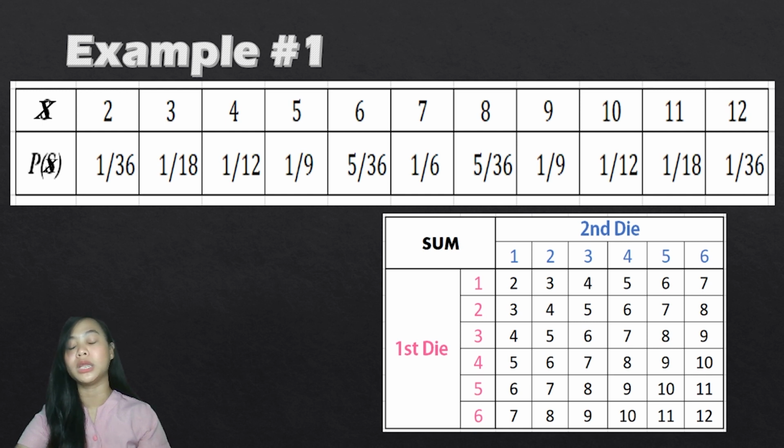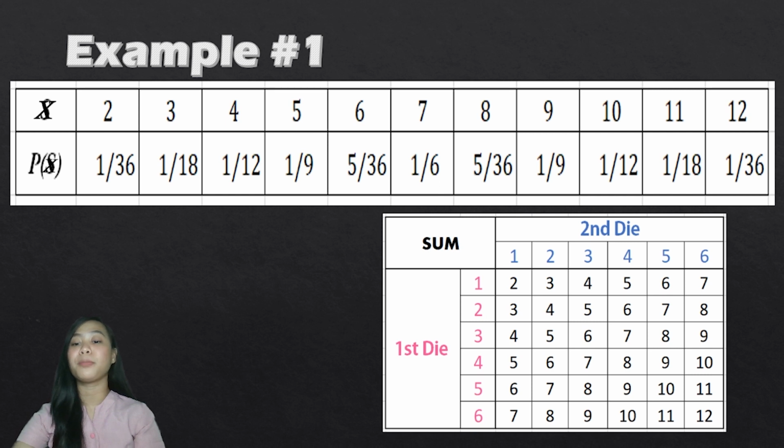That is 1, so 1 over 36. Again, we computed it earlier. Then for 3, we have 1, 2, then over 36, and the lowest term is 1 over 18. We just divide both the numerator and denominator by 2, so we have 1 over 18.